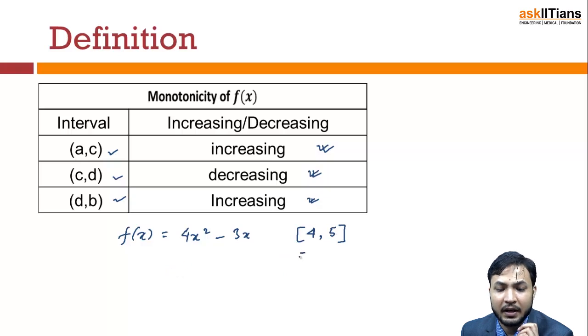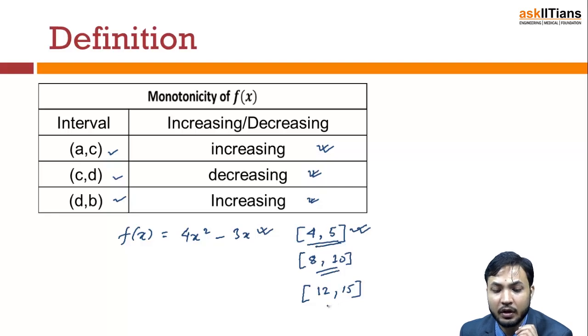Then again at an interval, let's say 8 to 10, it will have a different value, and then again from 12 to 15. Now during this period, the values of this function would be increasing. It could be increasing over here or increasing over here. You just basically have to check for what value.